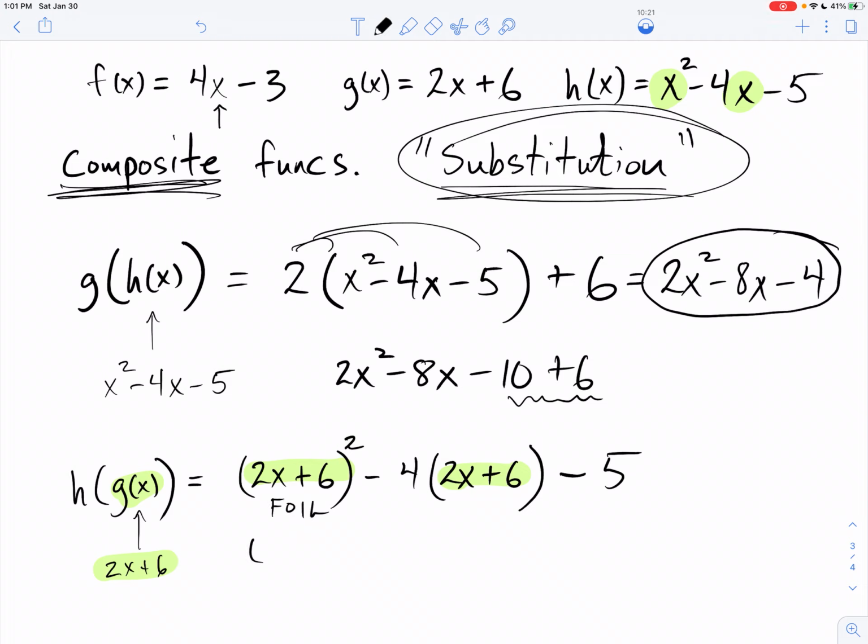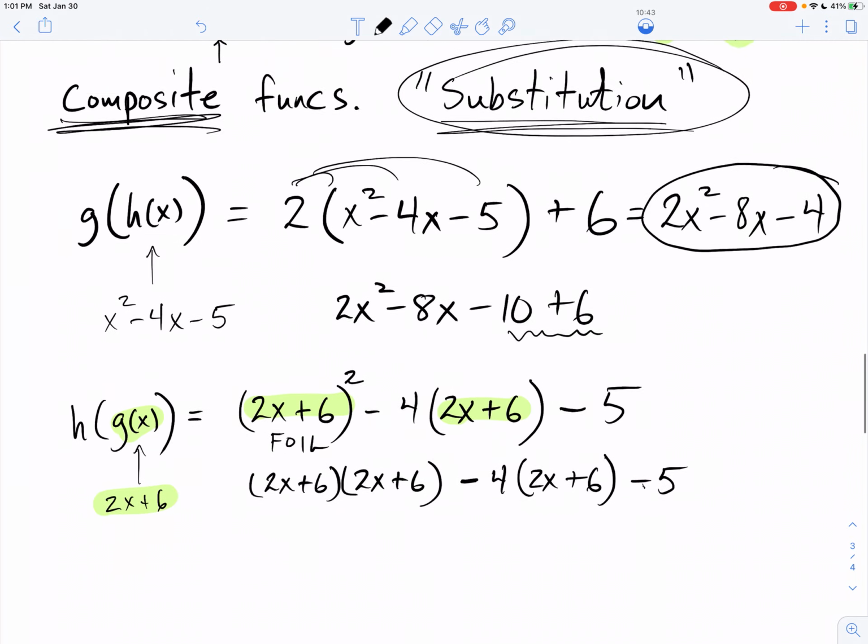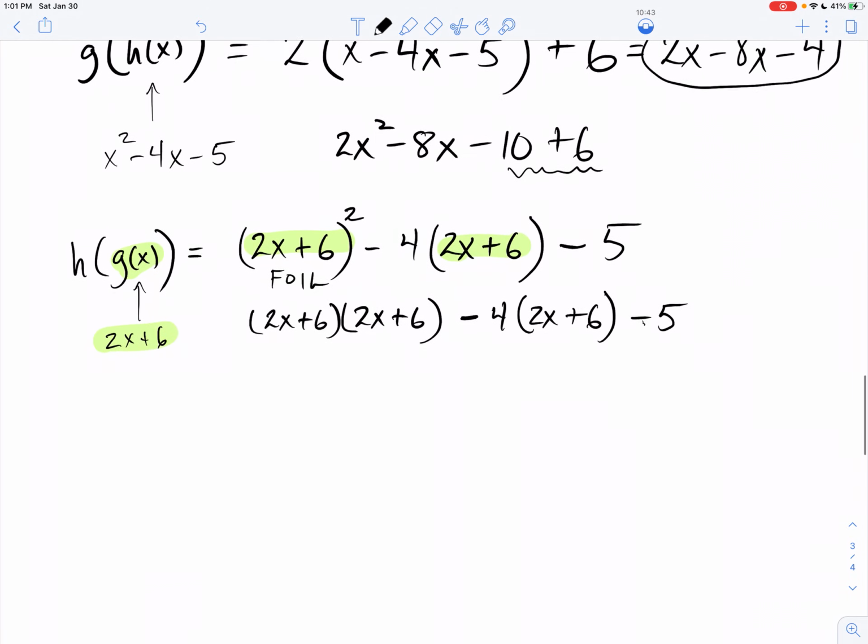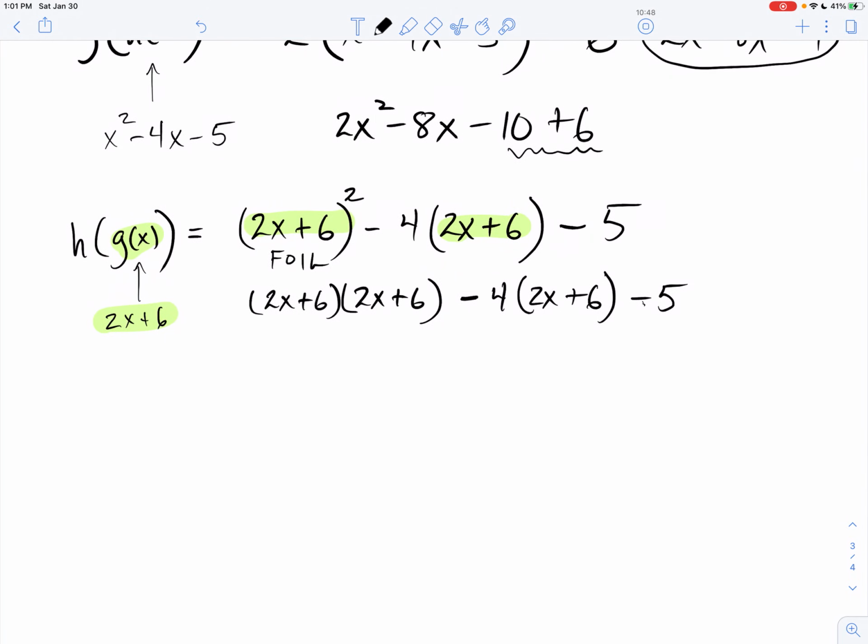So I'm going to have 2x plus 6 times itself minus 4 times 2x plus 6 minus 5. So let me warn you right now. You're going to see an answer key, of course, for this. But if you just write down the answer, I'm going to know you didn't do the work because I can't do this in my head. I got to FOIL this. I got to do all this work.